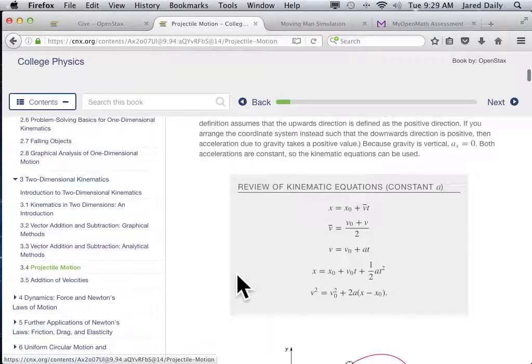I like to write them side by side, so this will be my set of x equations, where x equals, this is final position equals initial position, plus the average velocity in the x direction times t. To calculate the average velocity in the x direction, I take my initial velocity in the x direction plus my final velocity in the x direction, and divide by 2, and I can get that average velocity.